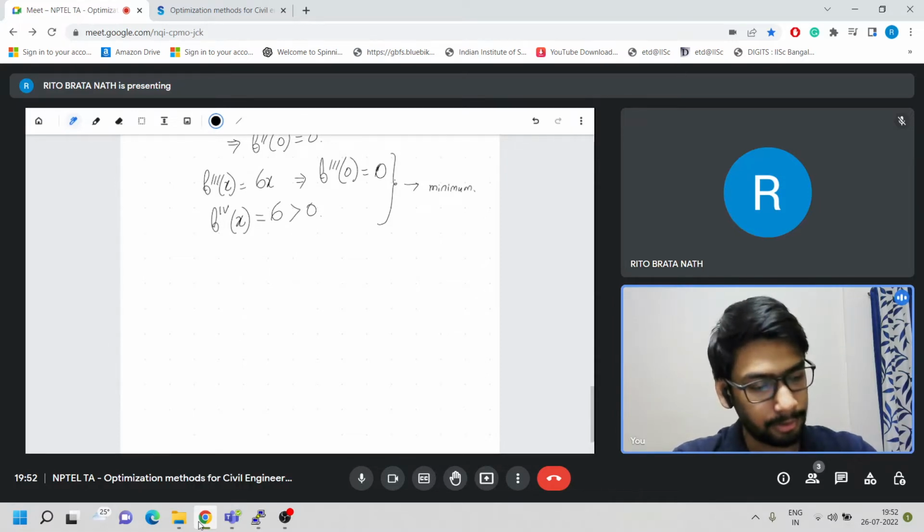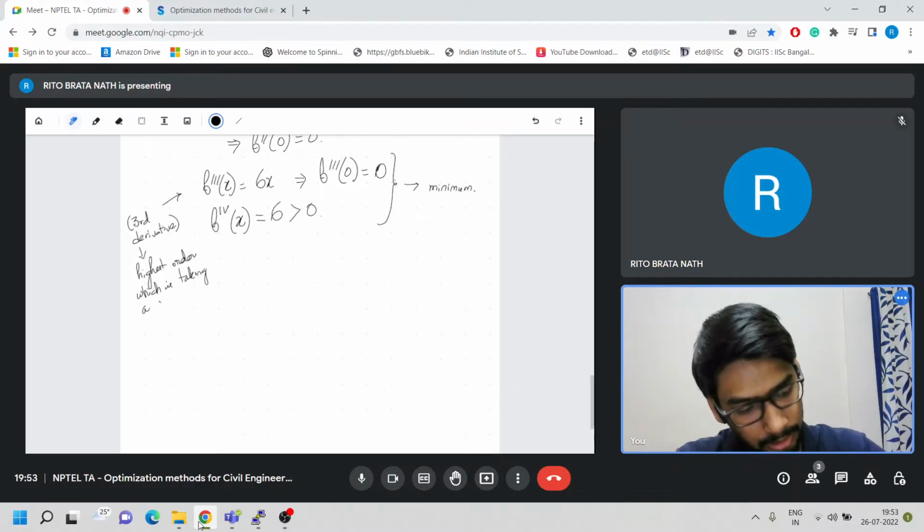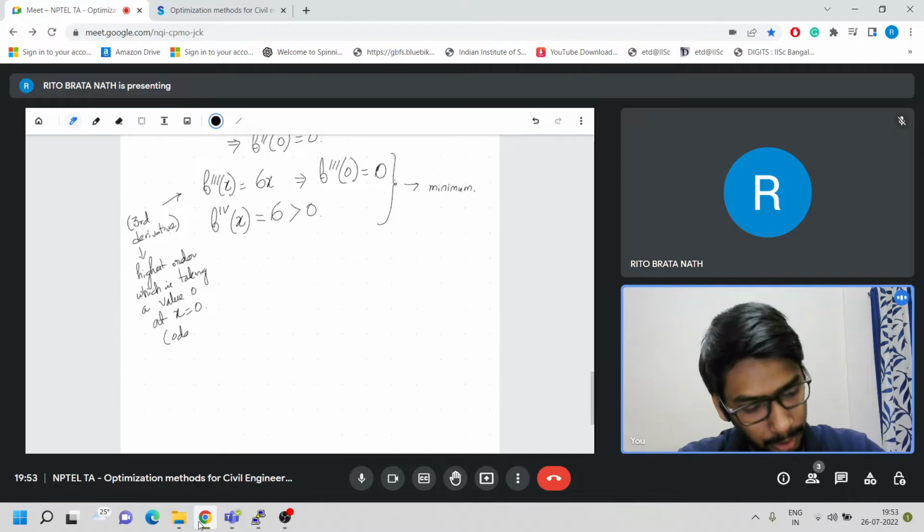But if you look closely, the highest order derivative taking a value 0 at x equals to 0, which is the third derivative, is an odd order.